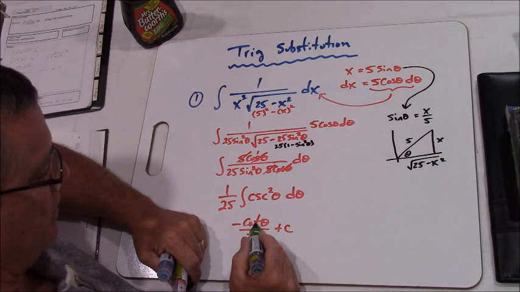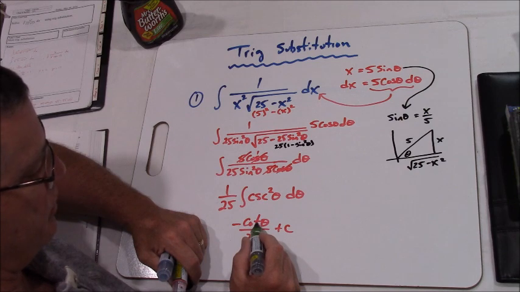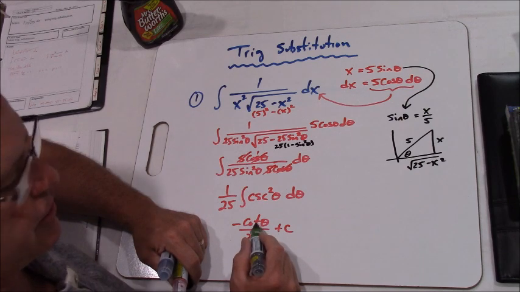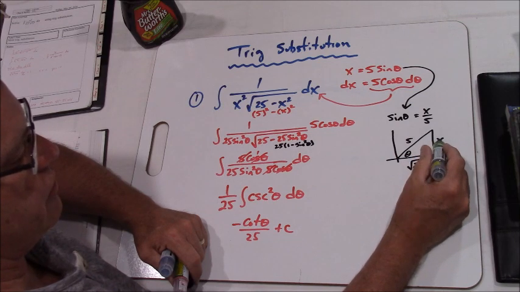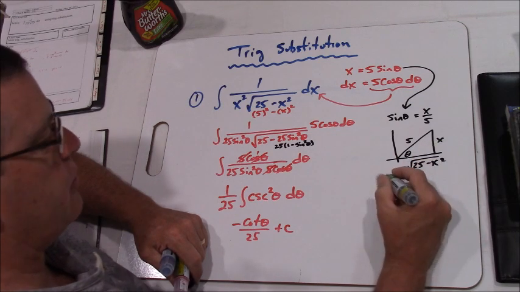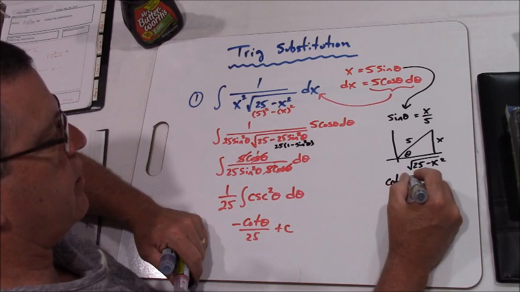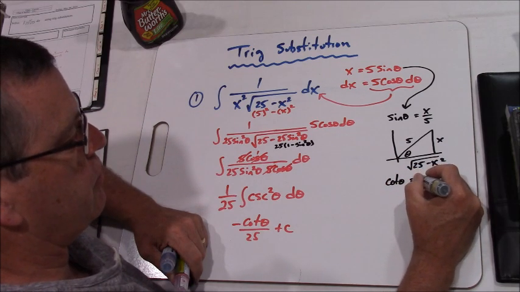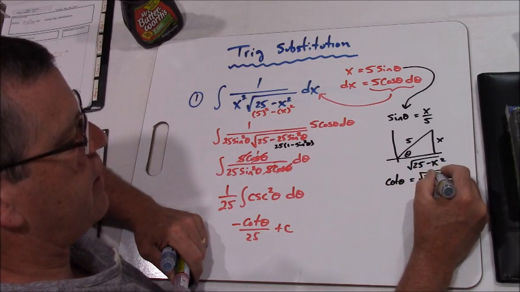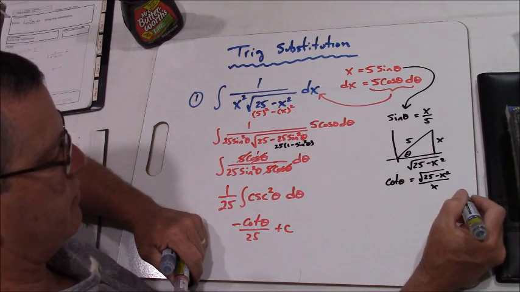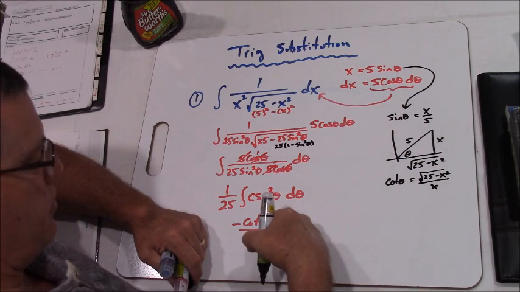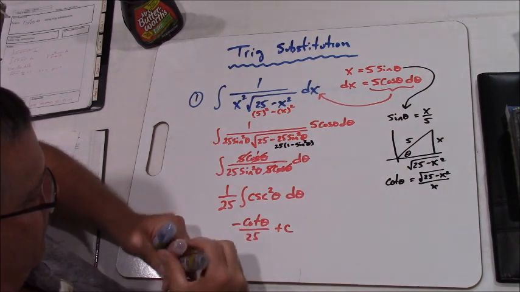So now I look at this and I think, okay, a cotangent is the reciprocal of a tangent. Tangent is opposite over adjacent, so I want adjacent over opposite. So a cotangent theta is equal to the square root of 25 minus x squared over x. And so that now needs to go back in place of this right here.